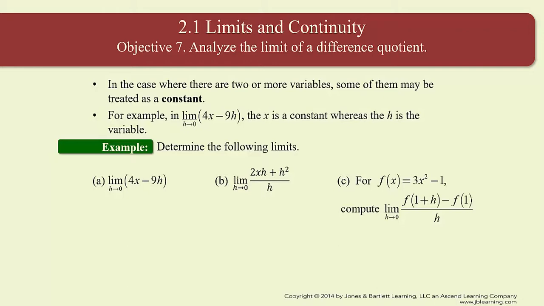Then in part C, for the function f of x equals 3x squared minus 1, we're going to compute the limit as h approaches 0 of f of 1 plus h minus f of 1 all over h. That's kind of like that difference quotient that we're building up to. So again, folks, if you have to pause the video to write the example down, please pause the video. I'm going to head off to the chalkboard now and work through all three parts of this example.